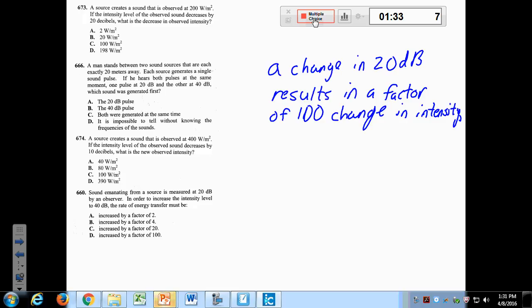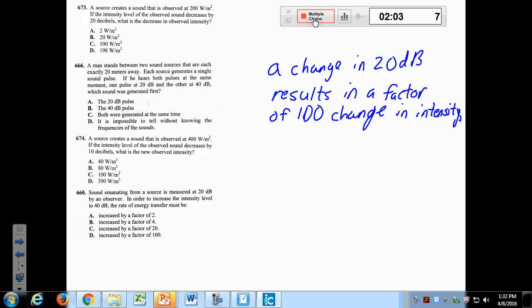So here I start at 200. What's it going to decrease to when it decreases by 20 decibels? What's going to be the final sound? Heather? It's going to go from 200 divided by 100, which is 2. Now, if I drop by 30 decibels, I would drop by a factor of 1,000, so it would go from 200 to 0.2. If I drop by 40 decibels, it would drop by a factor of 10,000. Is that clear? So what's the answer here?